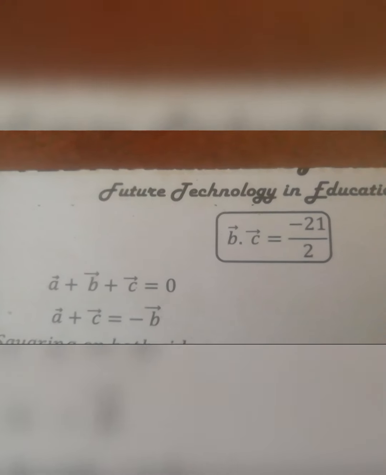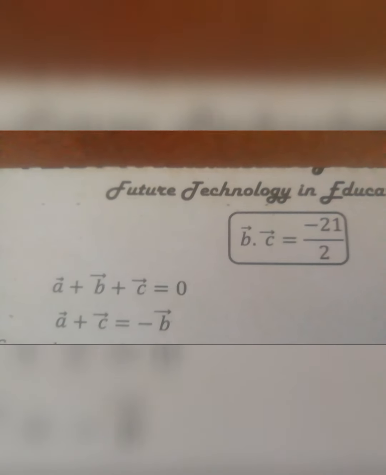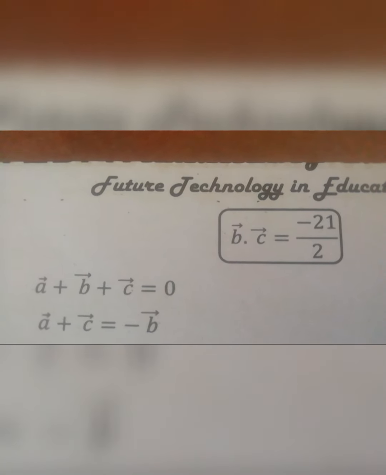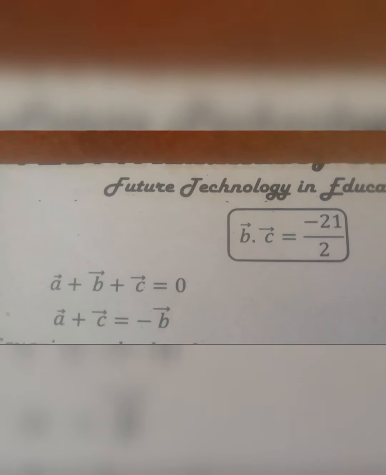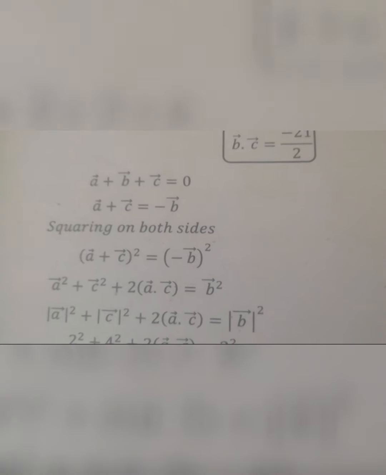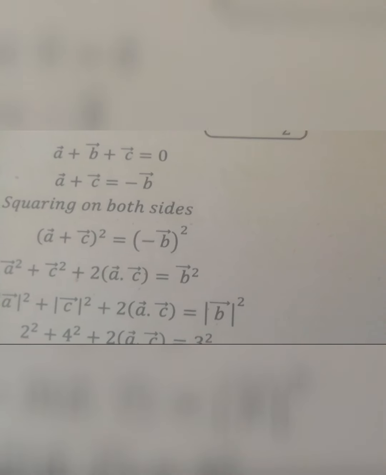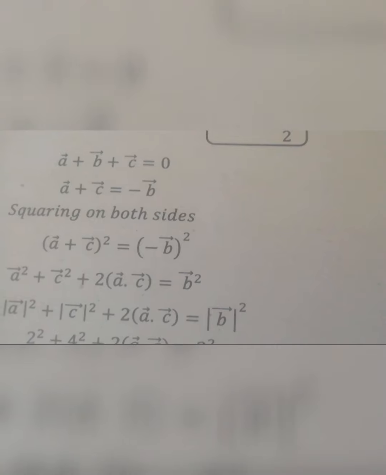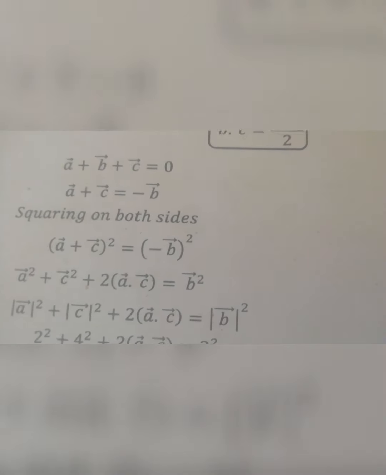Okay. Already you have found the value of A vector dot B vector. Now B vector dot C vector. Again you have to find C vector dot A vector, or A vector dot C vector. So take A vector plus B vector plus C vector equal to 0. So A vector plus C vector equal to minus B vector. Squaring on both sides, A vector plus C vector whole square equal to minus B vector whole square.